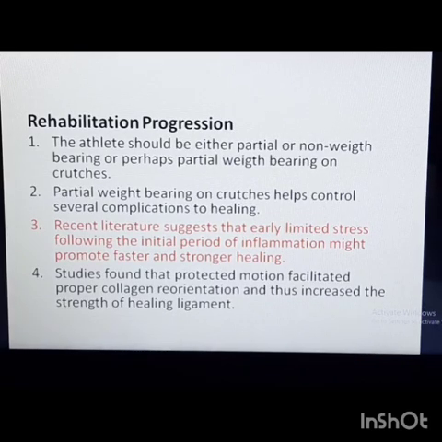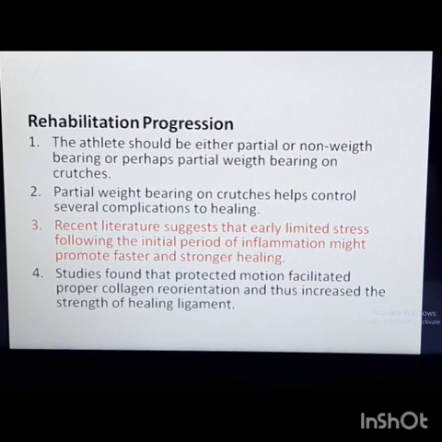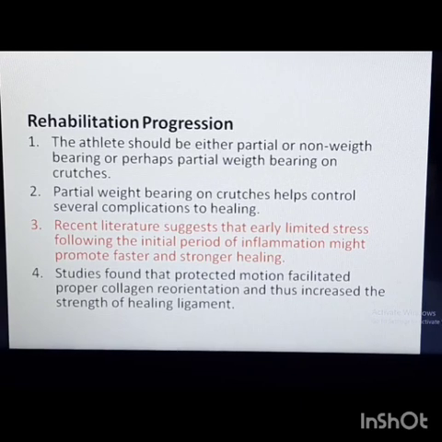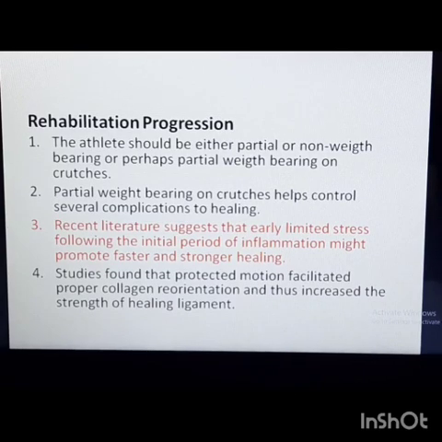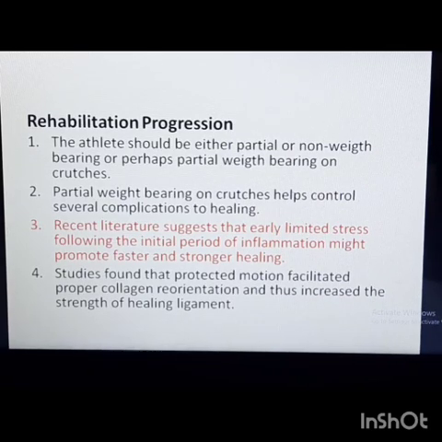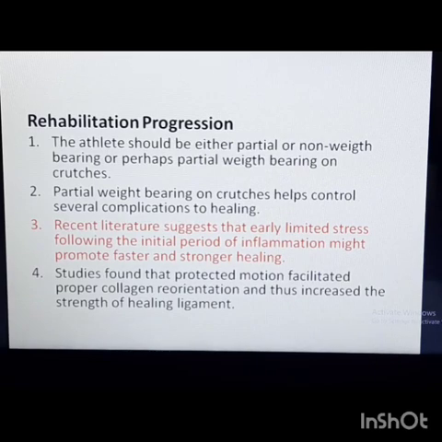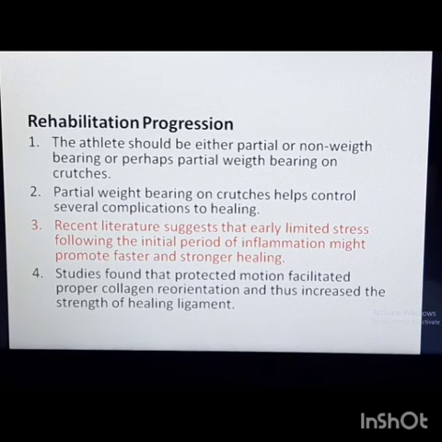There is a lot of literature which says that weight stress is required over the injured ligament to promote the healing process. Some studies also say that protected motion facilitates proper collagen reorientation and thus increases the strength of the healing ligament. So stress is really important.